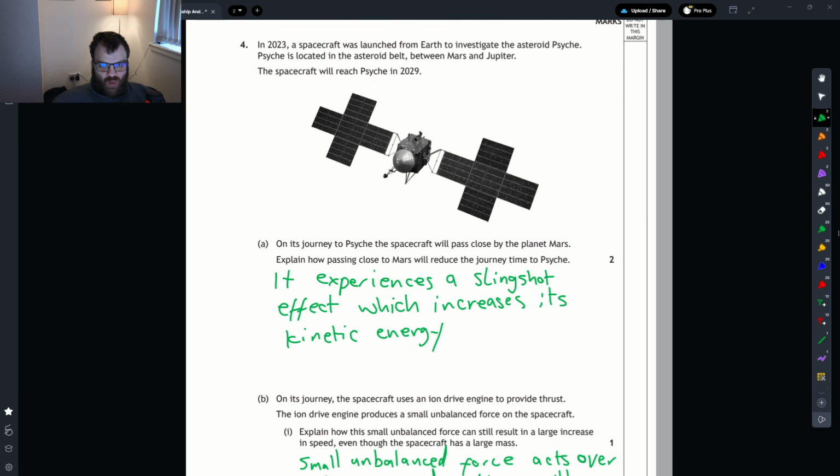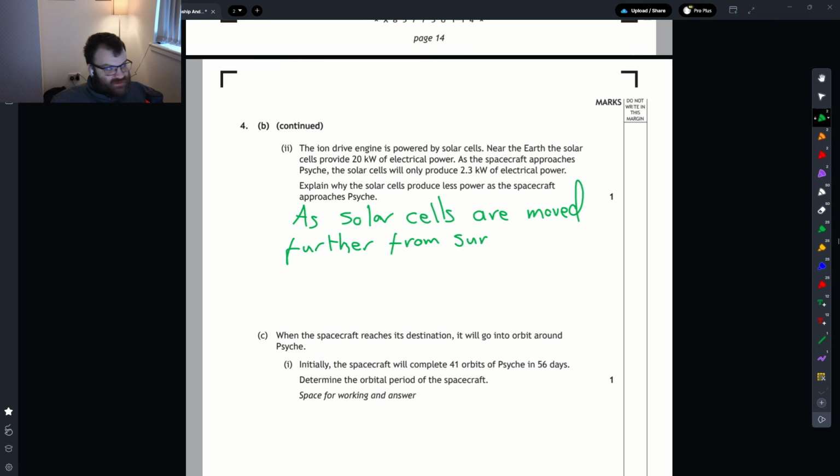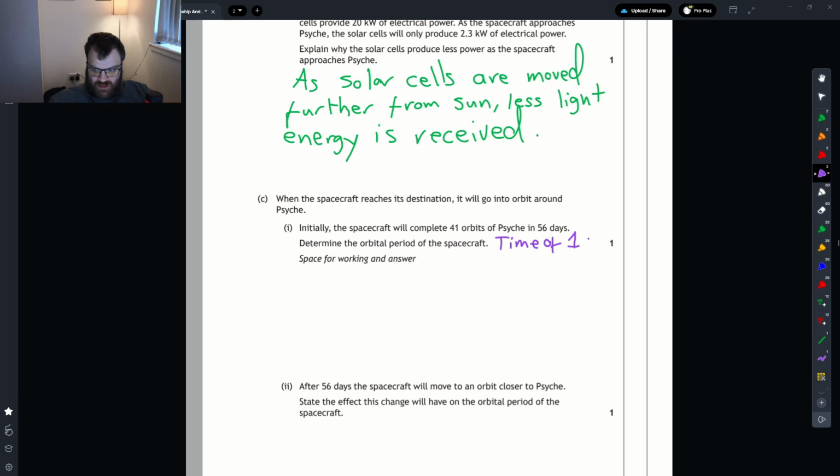So we're heading away from the sun then. That as solar cells are moved further from the sun, which is the energy source, the light source, less light energy is received, absorbed.